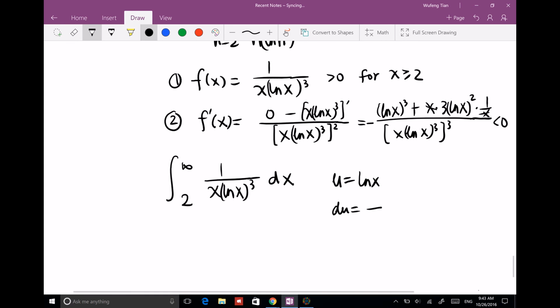Then du equals 1 over x dx, and you get the integral of 1 over u cubed du, plugging that back in, which is 1 over ln x cubed. Then you have to raise the power and divide by it.